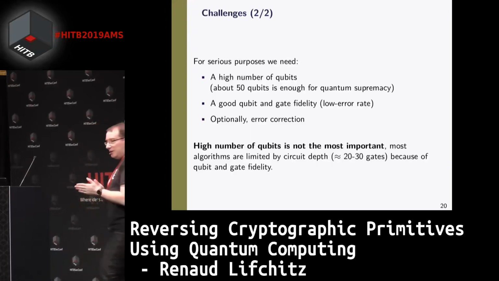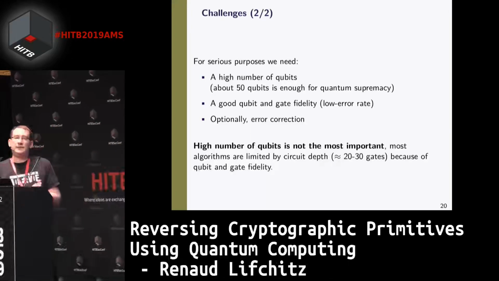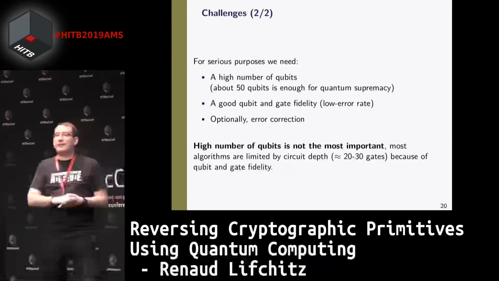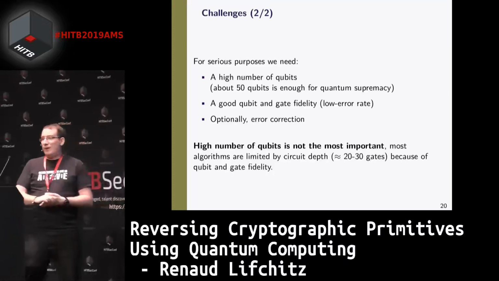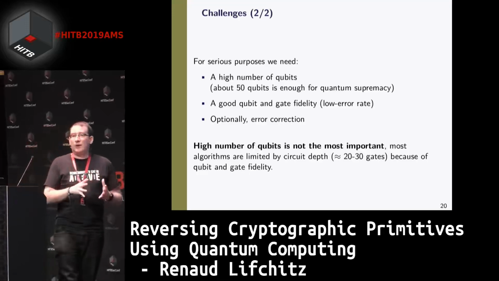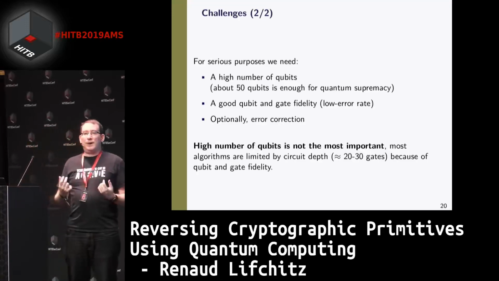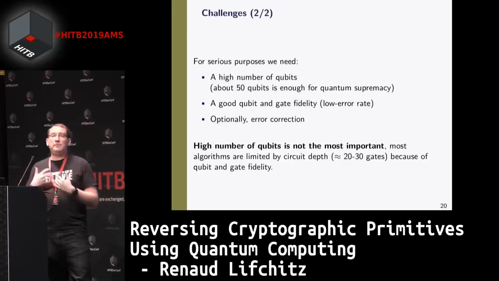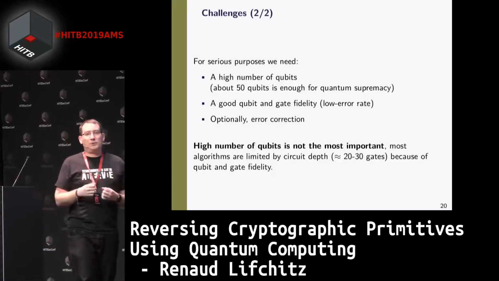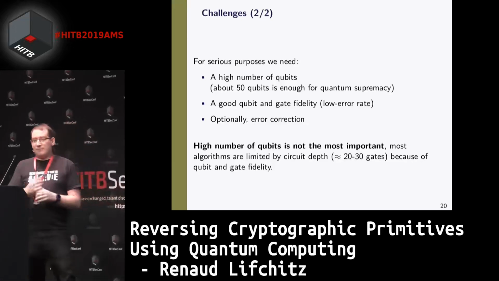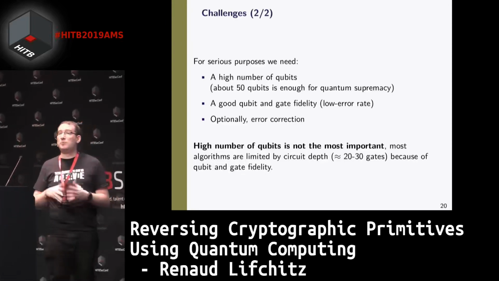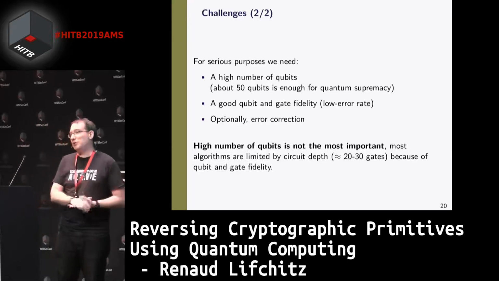How many qubits do you need for serious purposes? It's estimated by the biggest, like IBM or Google, that you need 50 qubits only to have a sufficiently powerful computer, that is to say, a quantum chip that is able to be more powerful than the traditional desktop computers we have.